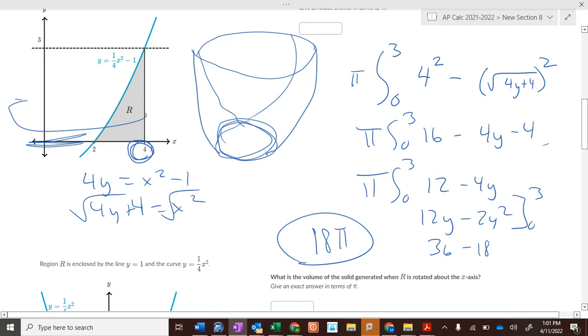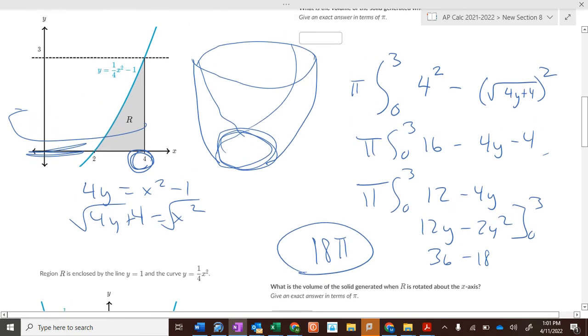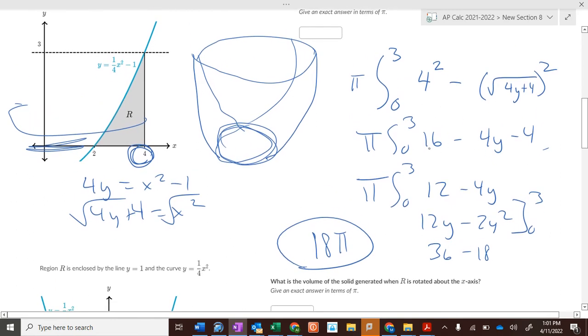Wait, I thought you had to subtract the inside then. He did subtract the inside up there. The inside would be the 16. He did at the very top, 4 squared. Yeah, we did the subtracting, because 4 squared is 16, minus that, because this is at 4.